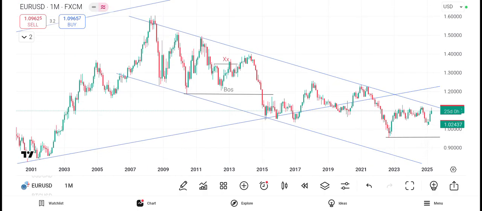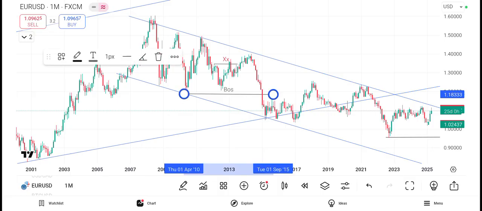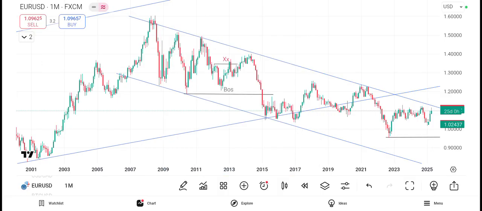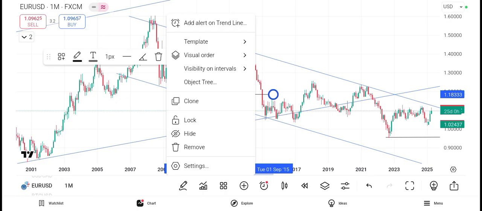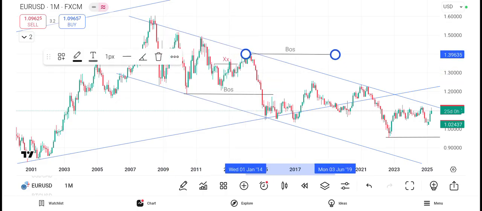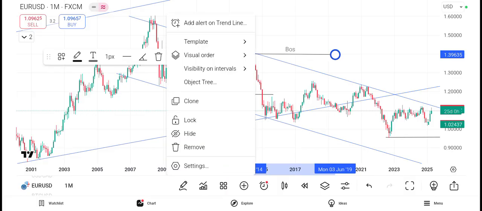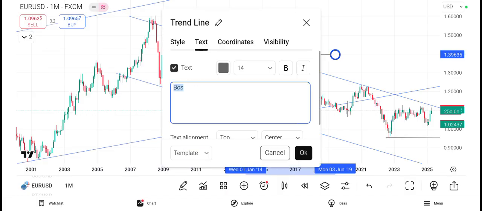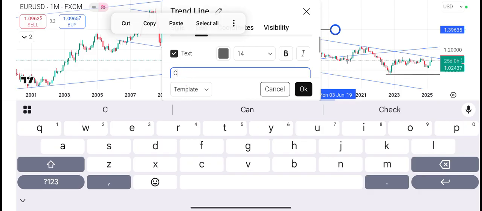Once this low is taken out as the break of structure, this should be our change of character. I know you should know that, but some people won't. This should be our chop.